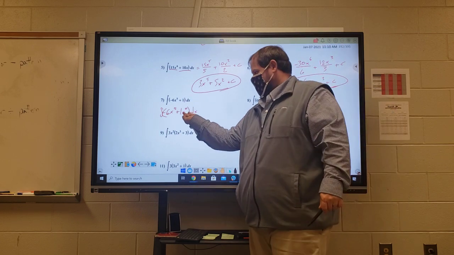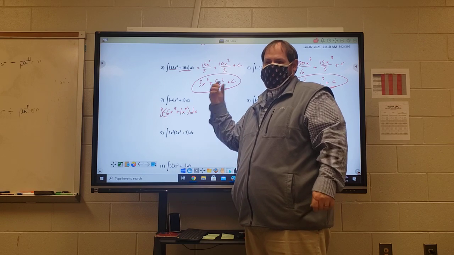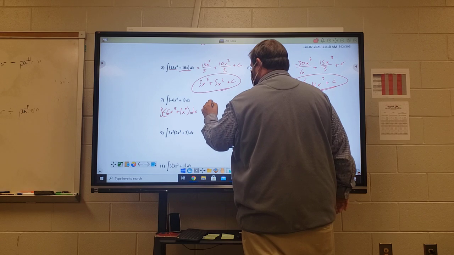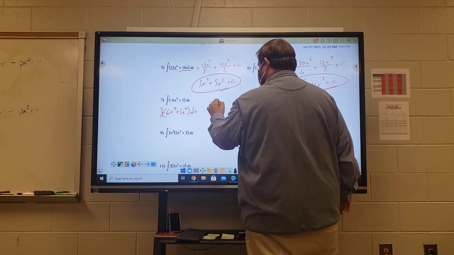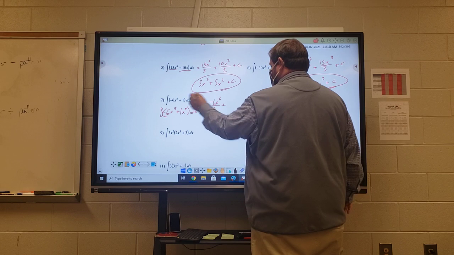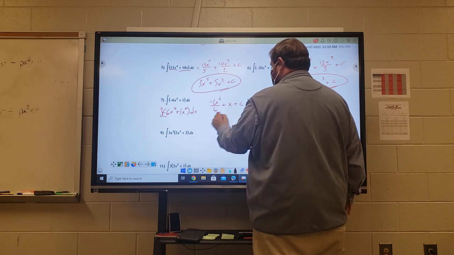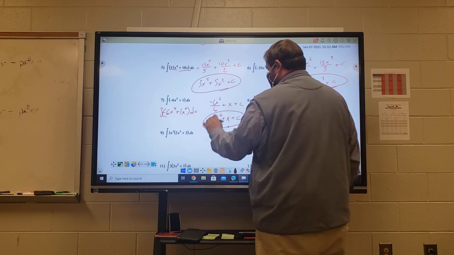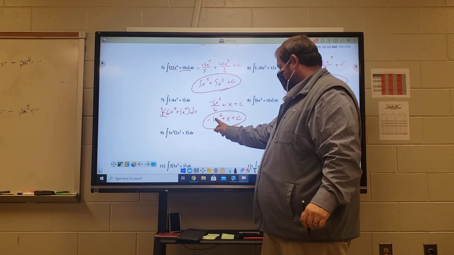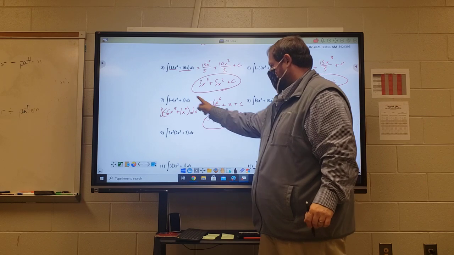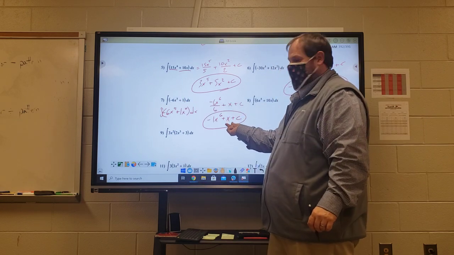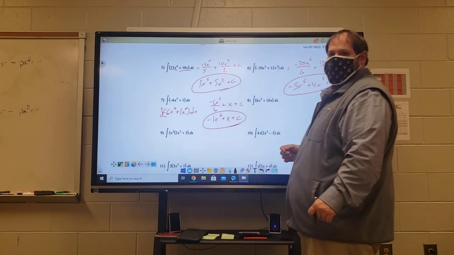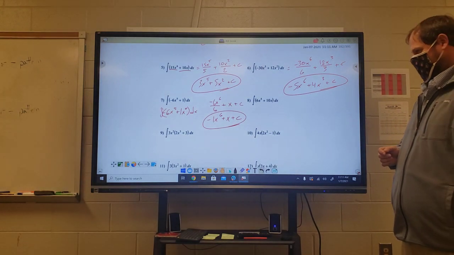But when we see it like this, we can use our rule, raise the power and divide, because we're at 0, we raise the power to 1. So your answer for this one is negative 6x to the 6 over 6 plus x plus c, or negative 1x to the 6 plus x plus c. We can check. The derivative of negative 1x to the 6 is negative 6x to the 5th. The derivative of x is 1. The derivative of a constant is 0. Very good. Glad you pointed that out.